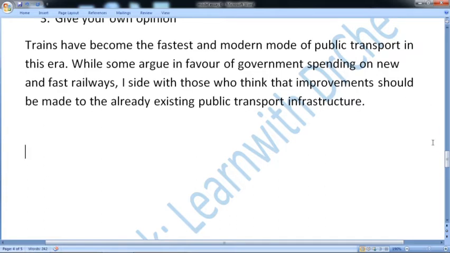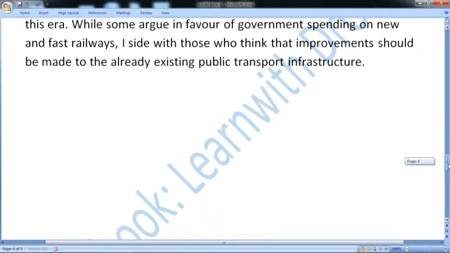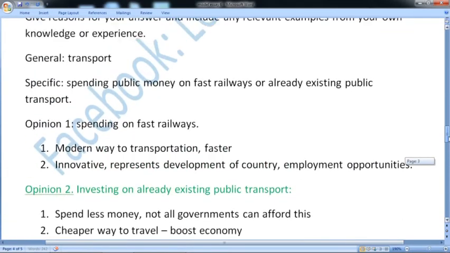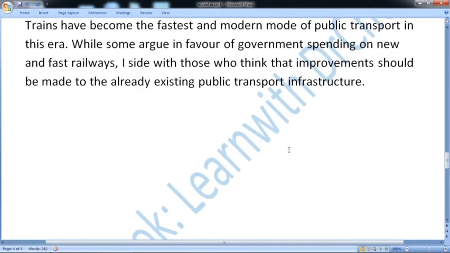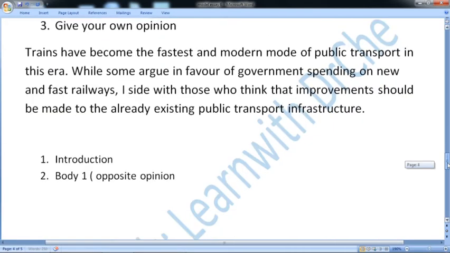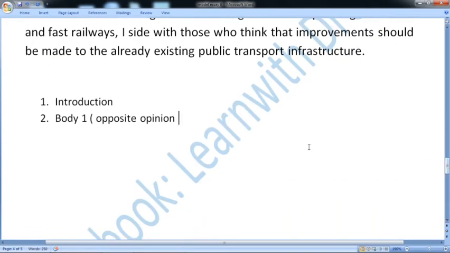Then, as you know, there are two body paragraphs, opposite views. So first of all, we would organize our essay in this way. Number one is introduction. Number two is body paragraph 1, that is opposite opinion to my opinion, in this case opinion 1, investing on railways.